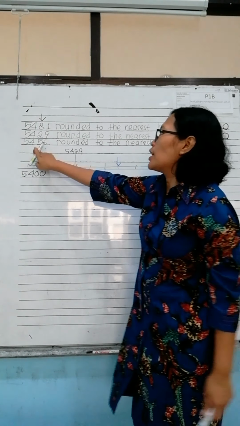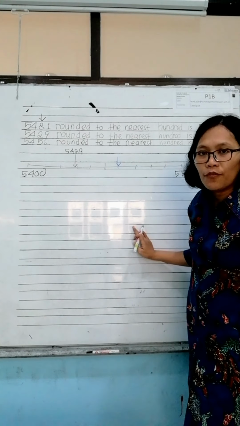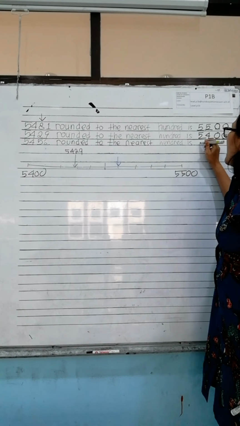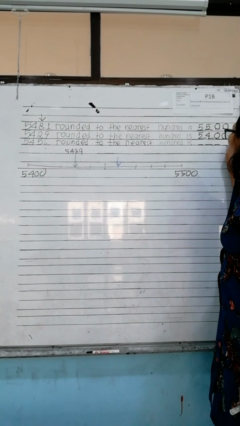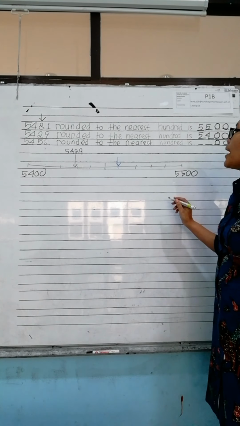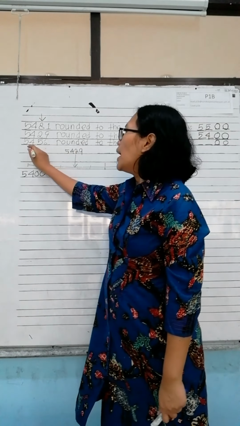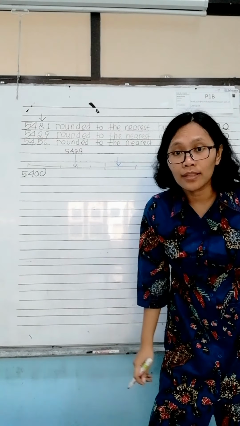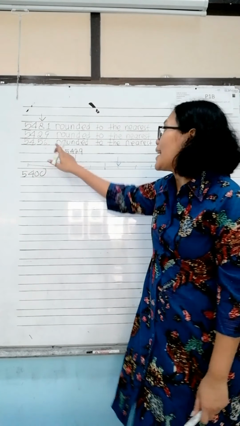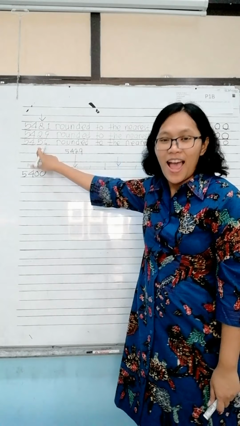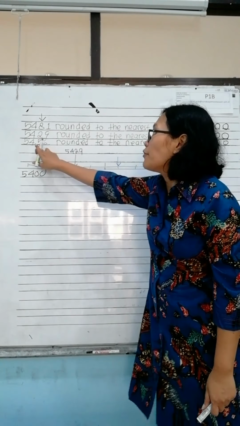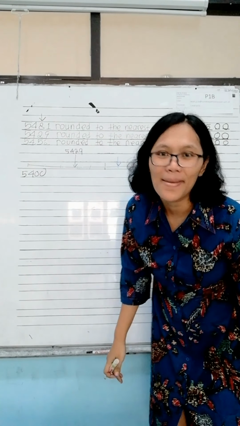Next, we have 5,452 rounded to the nearest hundred. It is a 4-digit number: 1, 2, 3, 4. The ones and the tens are 0. And then how about the 100? To decide whether the 100 is rounded up or down, you have to see the tens. The tens digit is 5. When it is 5 or more than 5, you have to round it up.